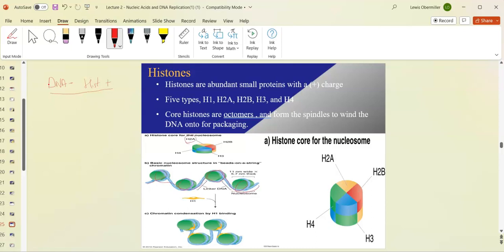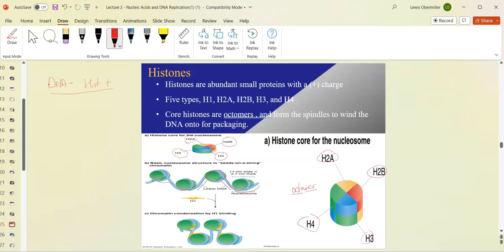There's 4 parts to a histone. The round wheel, right? I like to think of it as like a kite string spool. There are 2 H2As, H2Bs, H3s, and H4s. So this is an octamer. Remember meros means part, so it has 8 parts.